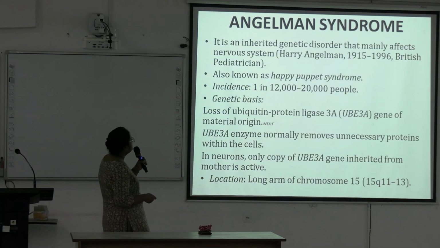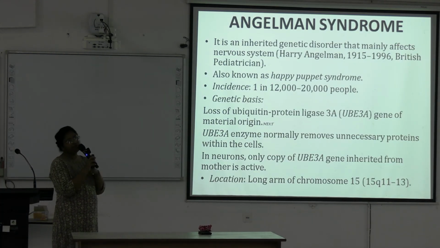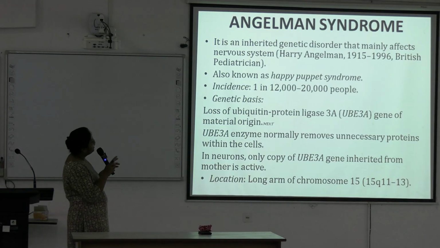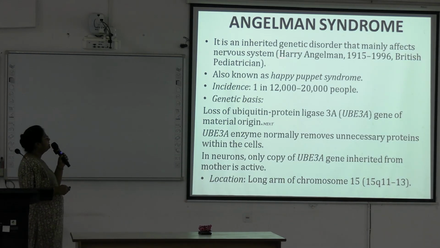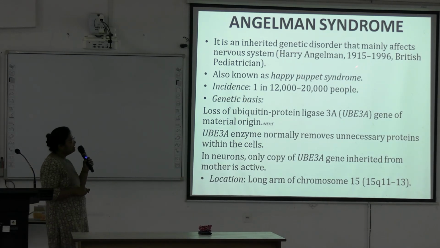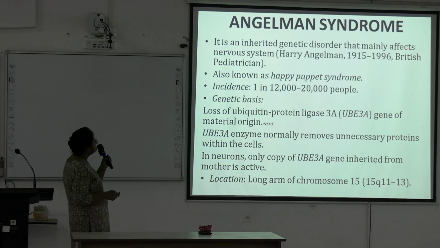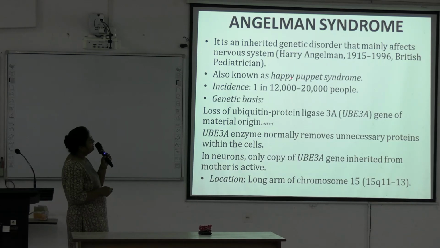Next we go to Angelman syndrome. This also occurs due to deletion in the long arm of chromosome 15, but another gene is involved here. It is an inherited genetic disorder that mainly affects the nervous system. Harry Angelman, a British pediatrician from 1915 to 1996, first detected this disease, also known as happy puppet syndrome.